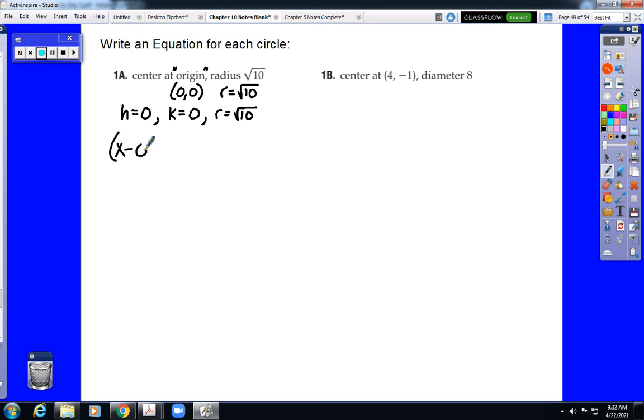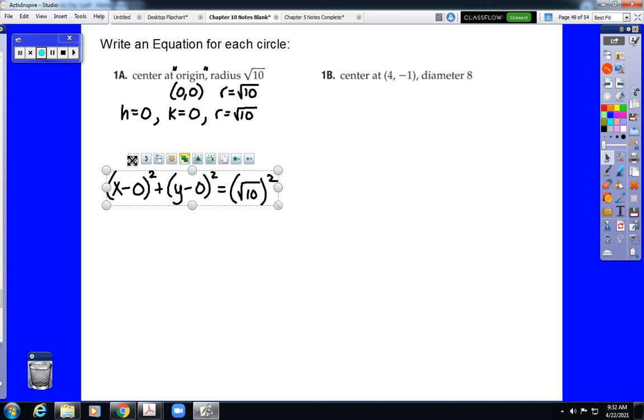Again, we have (x minus 0) quantity squared, (y minus 0) quantity squared, equals the radius squared. I'm actually regretting not writing the equation first, so I'm going to move this down and write the equation in there so that we have it: (x minus h) quantity squared, (y minus k) quantity squared equals r squared.